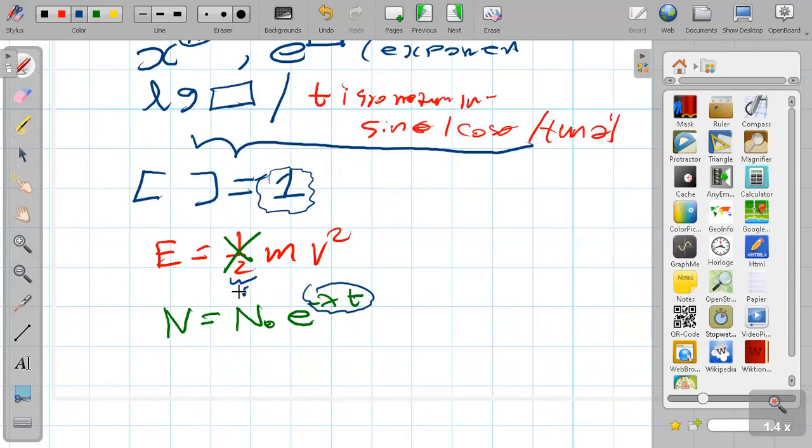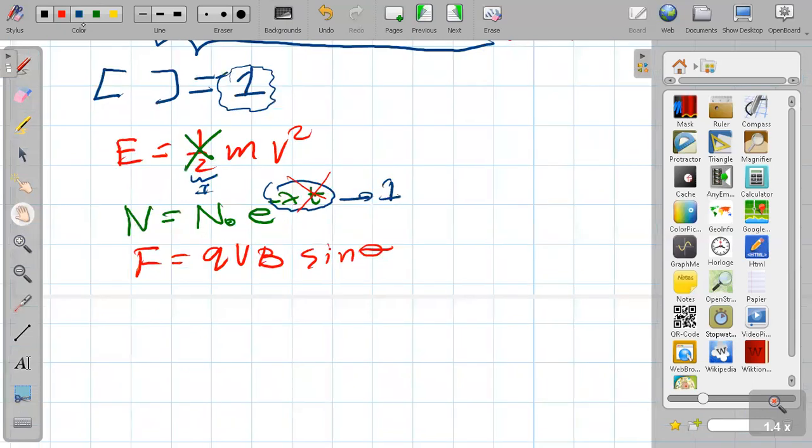This whole set as 1. What can I do for this one? Remove it and consider it as 1.